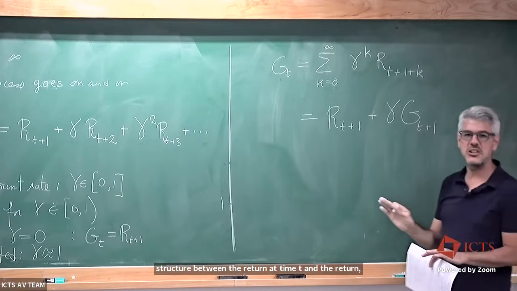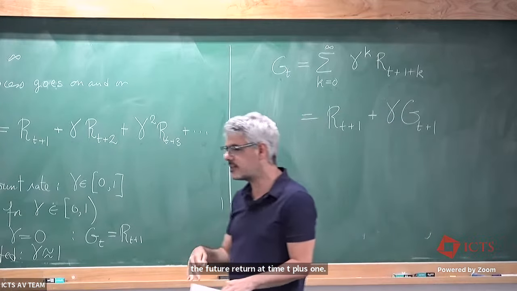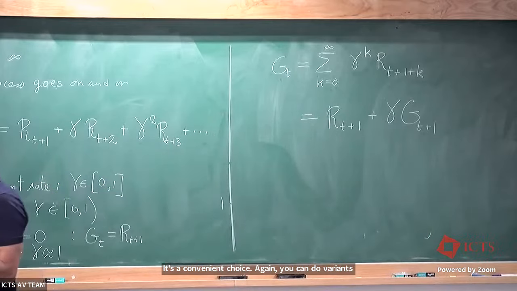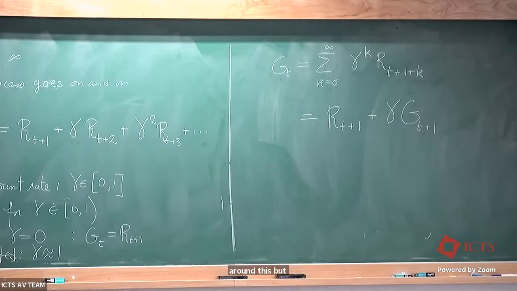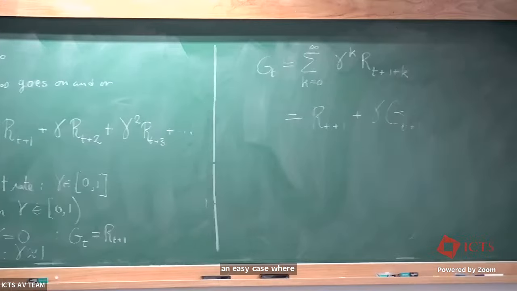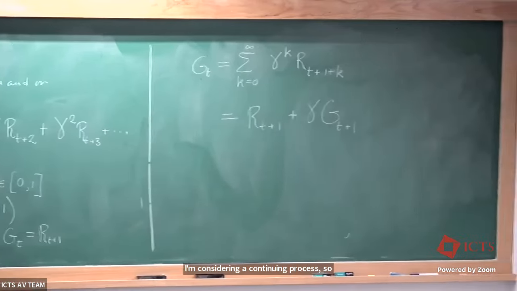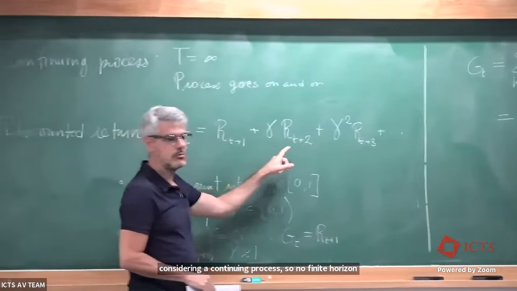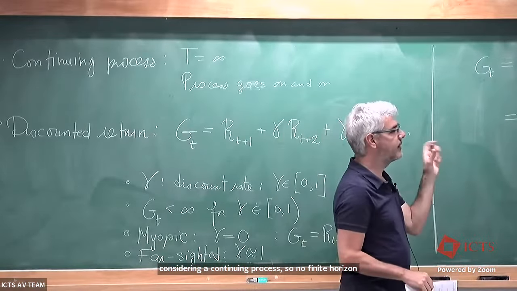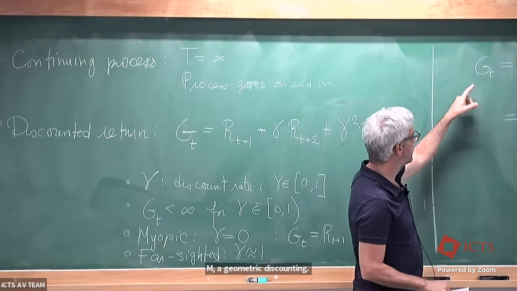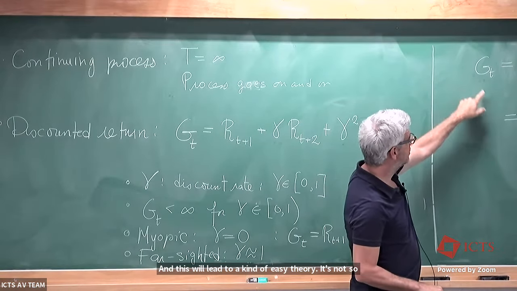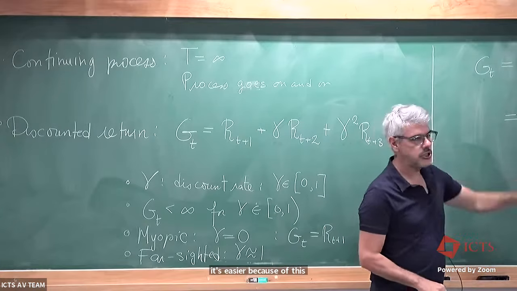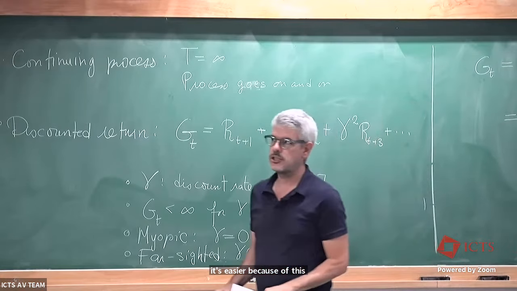Okay. It's a convenient choice. Again, you can do variants around this, but it just makes the theory more complicated. So we'll try to understand the theory of reinforcement learning for an easy case where I'm considering a continuing process, so no finite horizon, and a geometric discounting. And this will lead to a kind of easy theory. It's not so easy, but it's easier because of this structure, the G t and the G t plus 1.